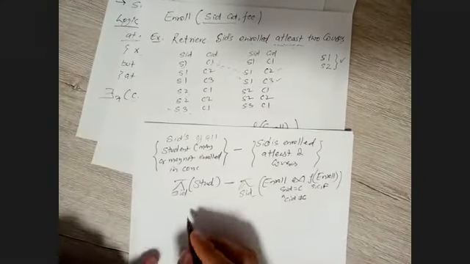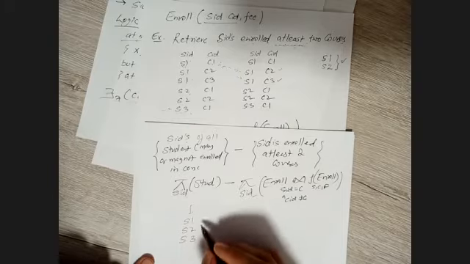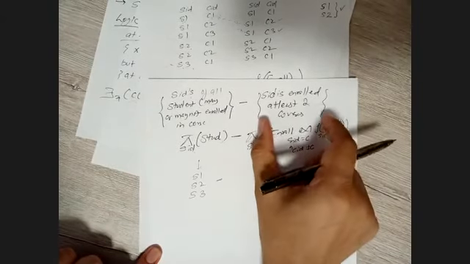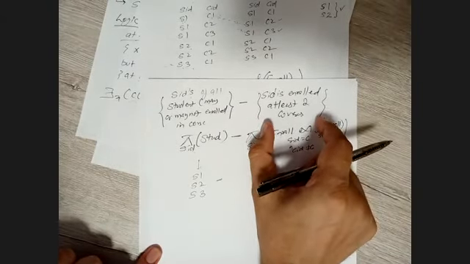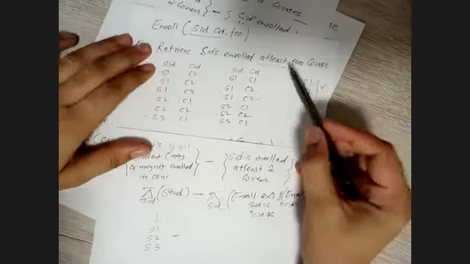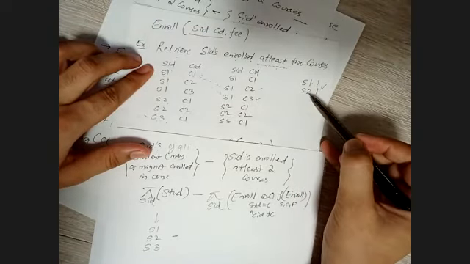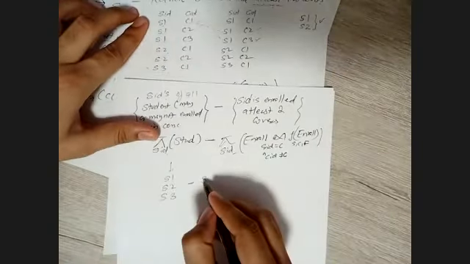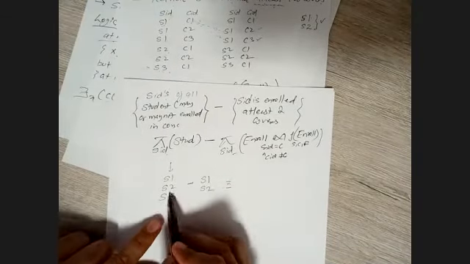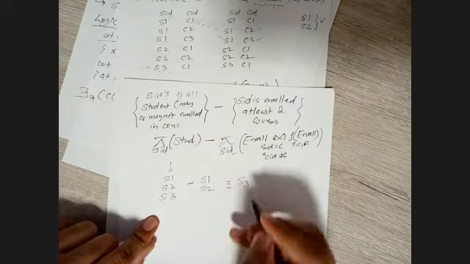So our query result in this case will be S1, S2, since we have unique values here, being the set difference of SIDs enrolled in at least two courses. We have already seen the SIDs enrolled in at least two courses, and the result is S1, S2. So what should be the answer for this one? A difference B, which are in here but not here, which is only S3 actually.